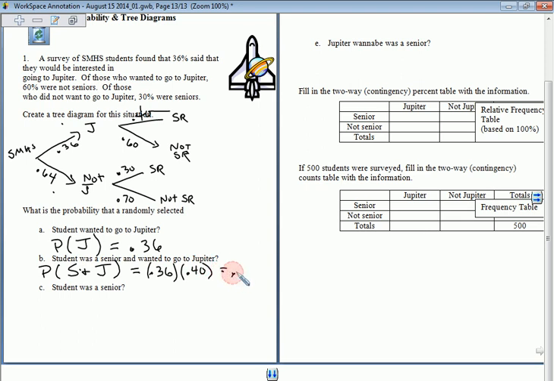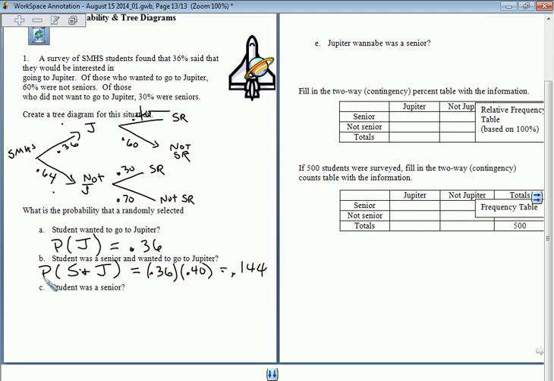And we get 0.144. Okay? What is the probability that they were a senior? Out of what? That a student was a senior? How would we figure that out? 0.4 times 0.3.